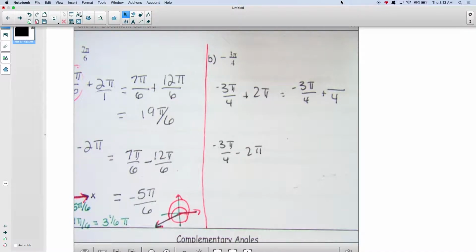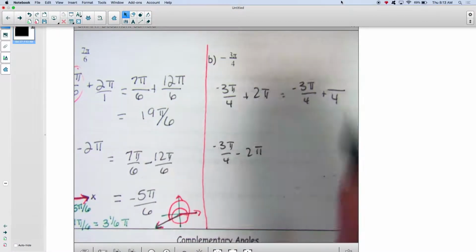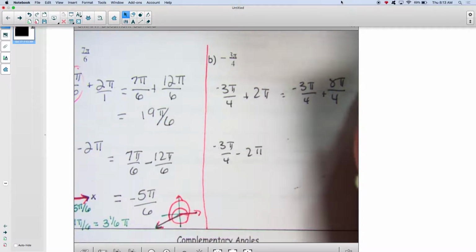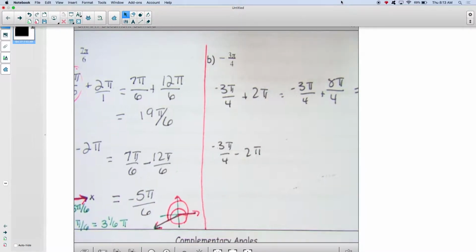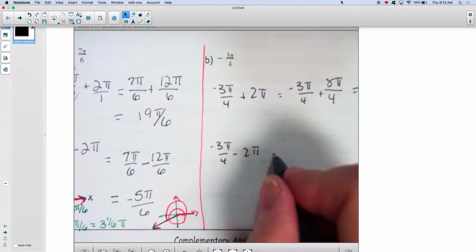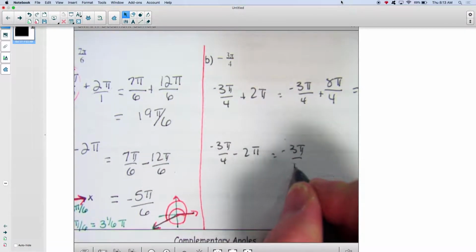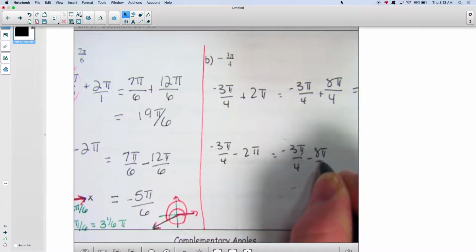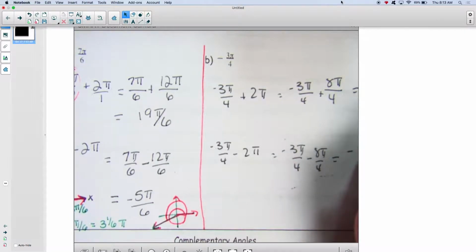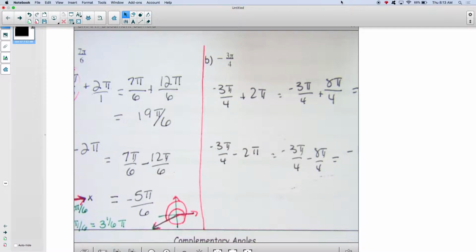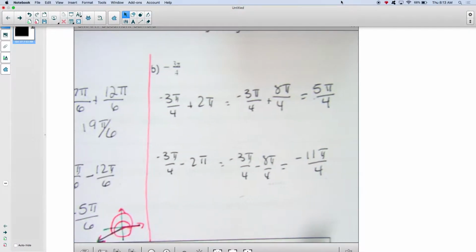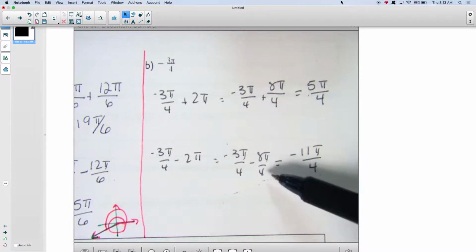So how do I write 2 pi with a denominator of 4? 8 pi. Which gives us 5 pi over 4. For the second one, I can use this same 8 pi over 4, but subtract it.